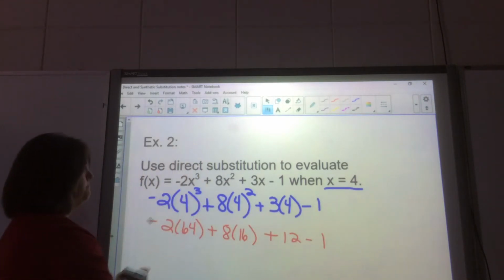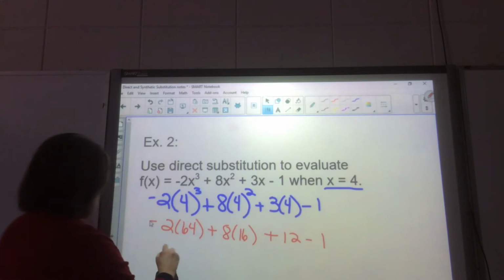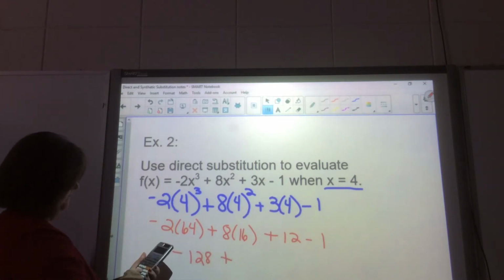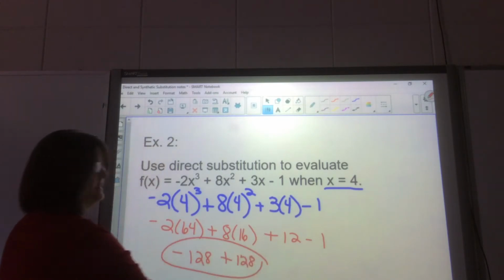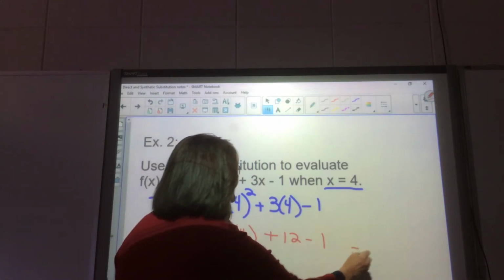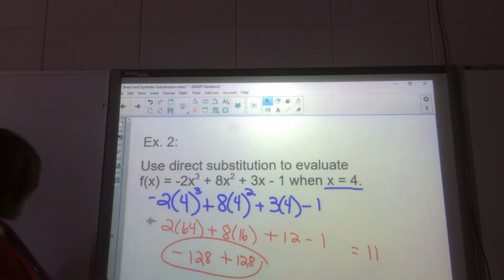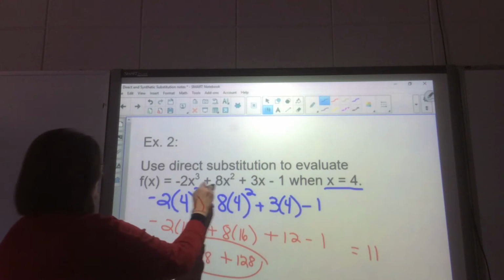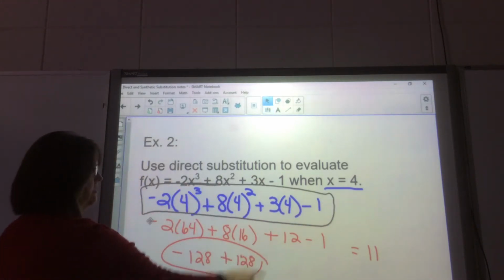If you were to do this manually all the way through, negative 2 times 64 is negative 128. 8 times 16 is 128. Uh-oh, that goes to 0. That makes life easy. And then 12 minus 1 is 11. So your answer is 11 here. You could honestly put this part in your calculator just like you see it. The calculator would tell you that was 11.